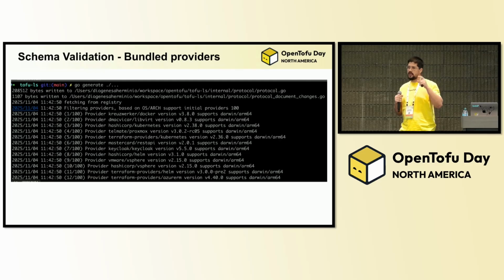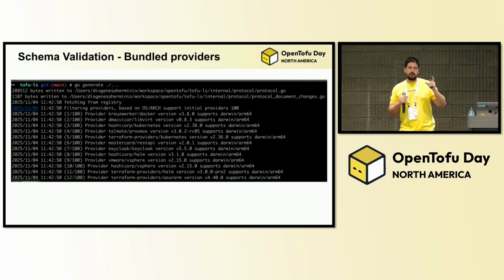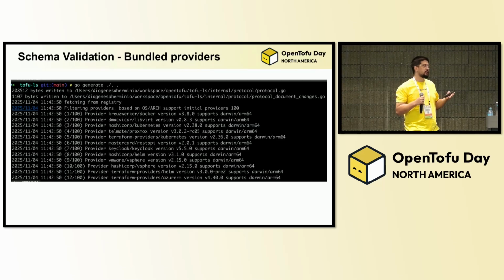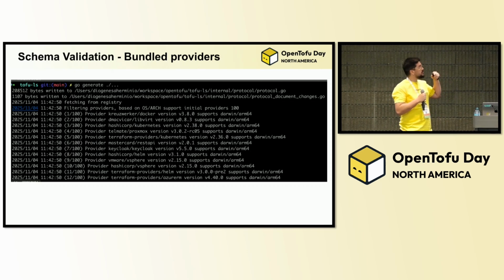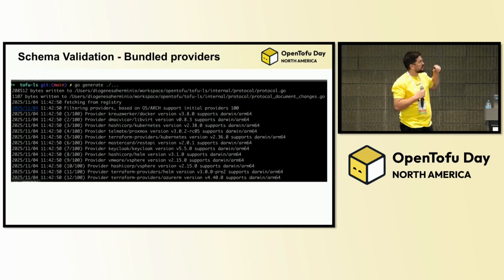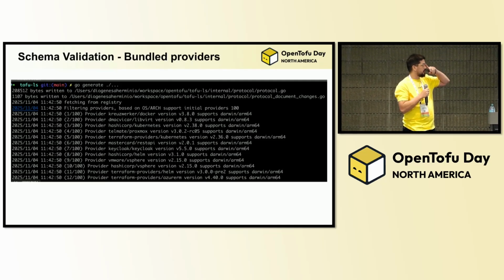We do a request to the OpenTofu API, and we ask the API, what are the 100 top providers used by the community? We have these stats, and we get them sorted. The first one, I think, is Docker. So we get that list of the most used providers on the latest version.